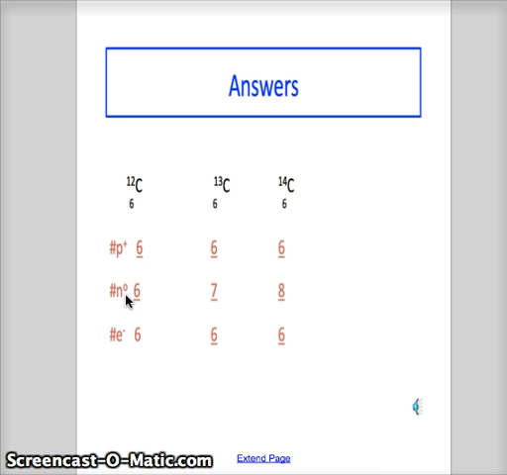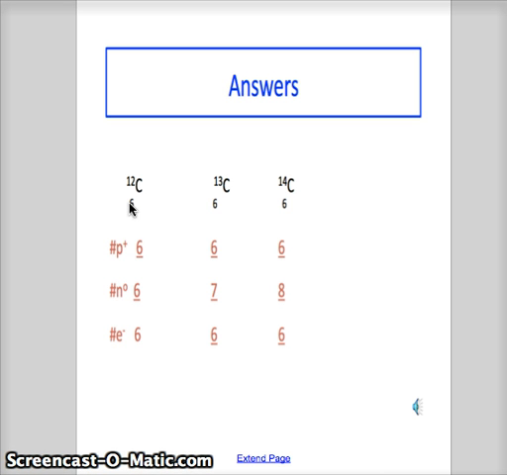Now, if you look at the number of neutrons, that's where it's different. The number of neutrons is going to be equal to the mass number minus the atomic number. So 12 minus 6 equals 6. Why is that? Because the mass number is the number of neutrons plus the number of protons.